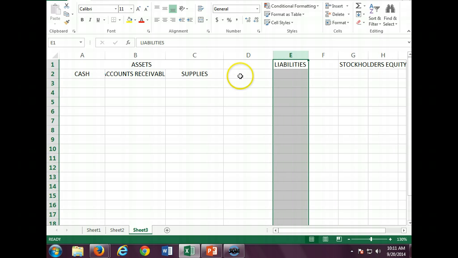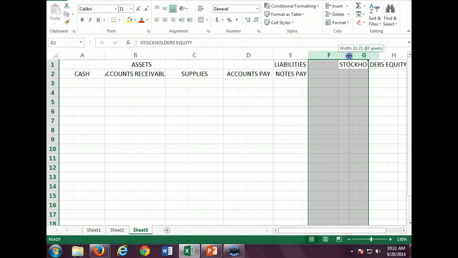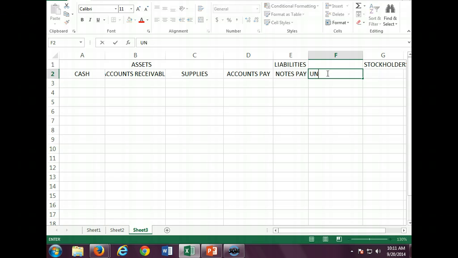It's going to have accounts payable. What else? Notes payable. And what else? Unearned service revenue. Okay?